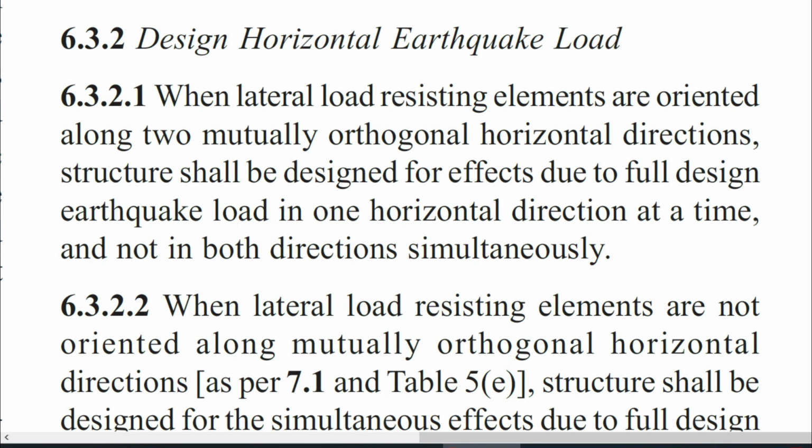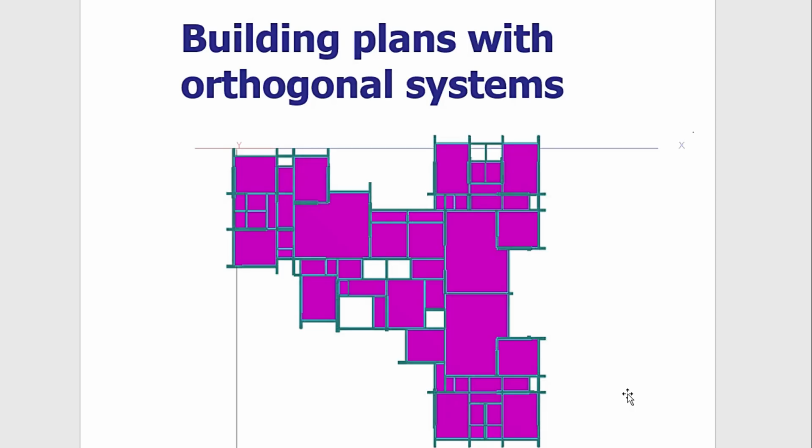The combinations having X direction seismic load will not have Y direction seismic load, and the combinations having Y direction seismic load will not have X direction combinations. So you can look at this building, although the building shape is not completely along X and Y direction, but if you look at the frames, lateral load resisting system, they are orthogonal, they are along X and Y direction.